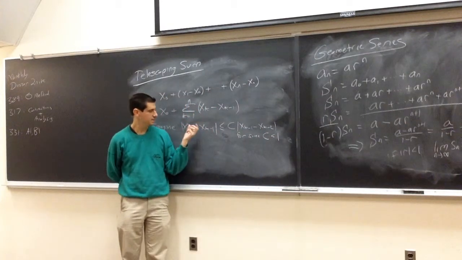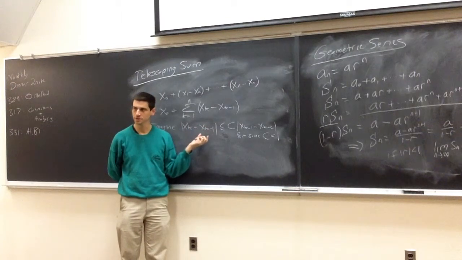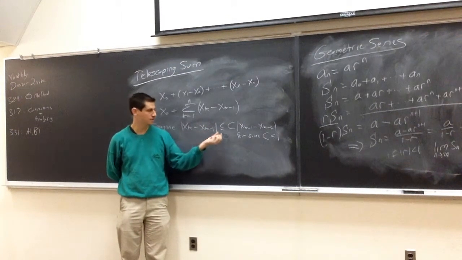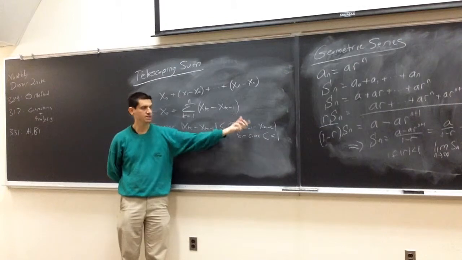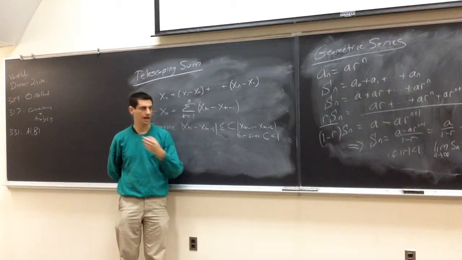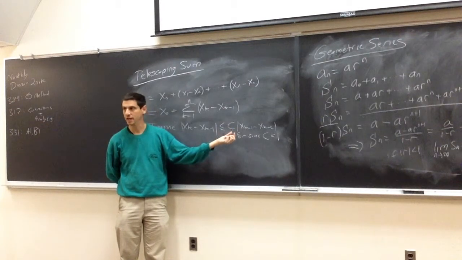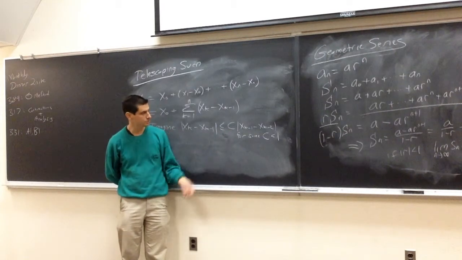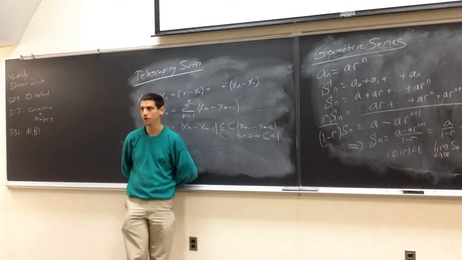So what I'm saying is the distance between two terms is less than or equal to c times the distance between the two previous. And that c is not allowed to depend on k. It's some universal constant strictly less than 1.